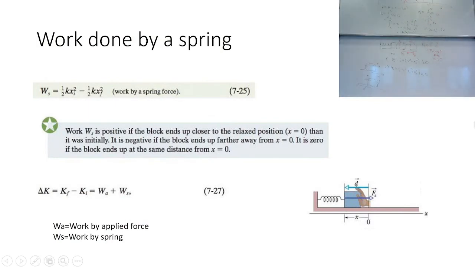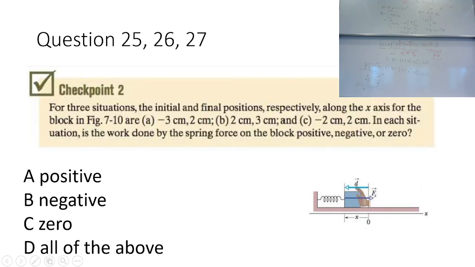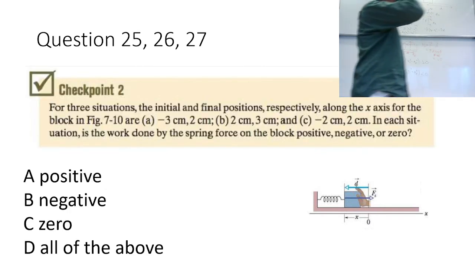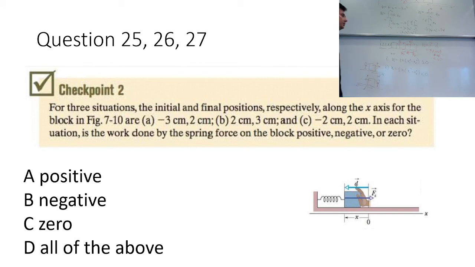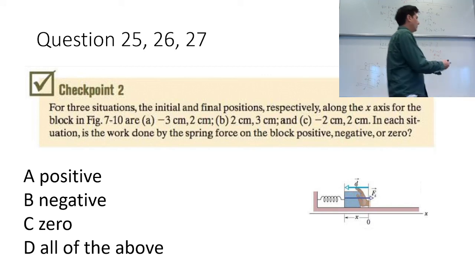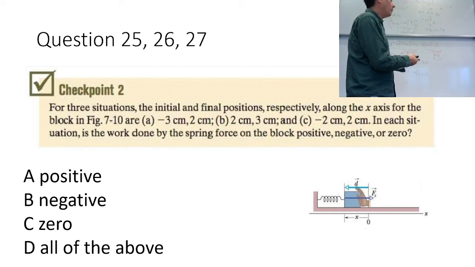So let's just do a question here. Okay, 3 situations, initial and final positions along the x-axis for that figure there, -3, 2, and so forth. In each situation, is the work done by the spring force on the block positive, negative, or 0? Let's do A. So if it's -3 and 2, that's the initial, and this is the final.